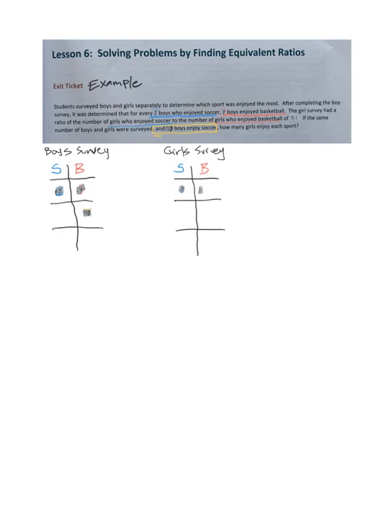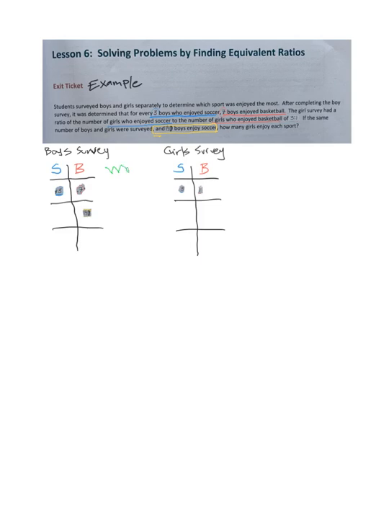Now we can say, well, since the same amount of boys and girls were both surveyed, and it says it right there, so given the same number of boys and girls were surveyed, if we have 140, then we are basically trying to find the other side so that we can add the two together and then we can get this number that they're really looking for, which is the whole.